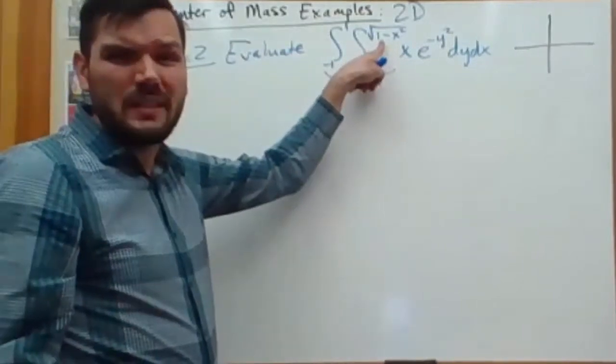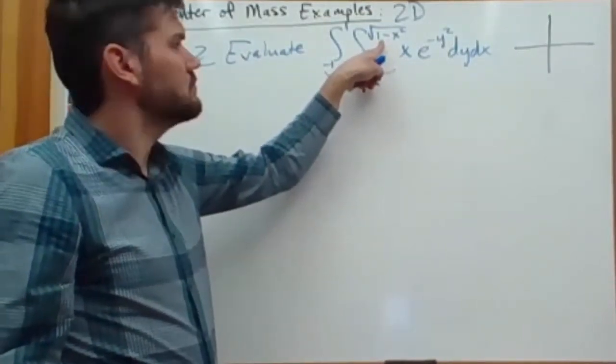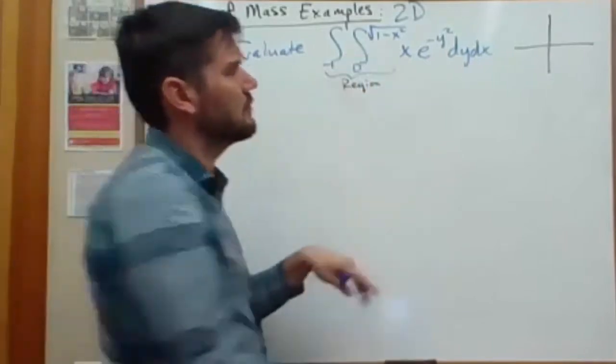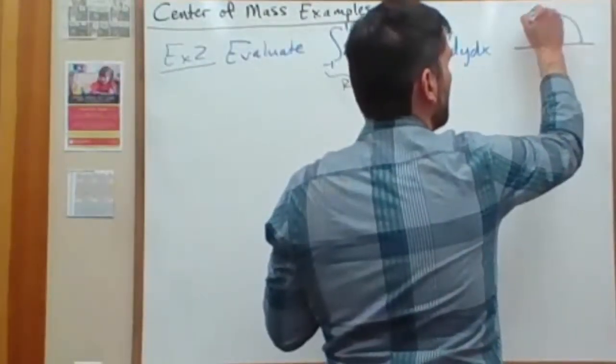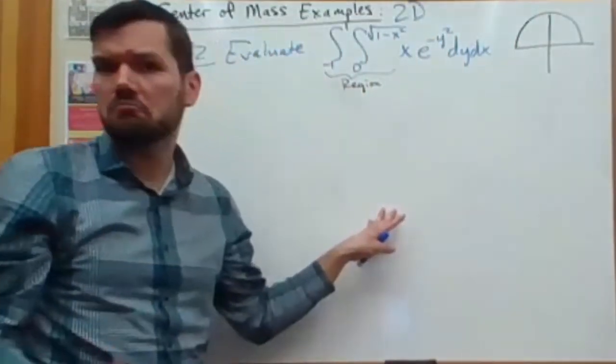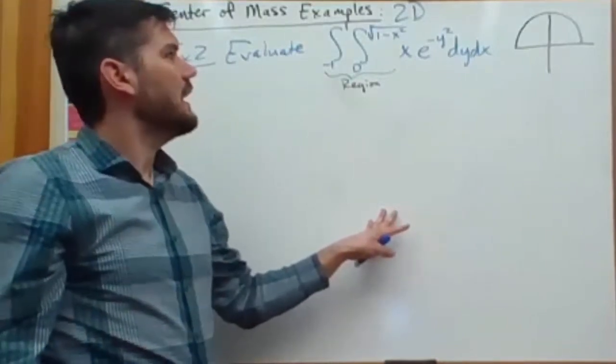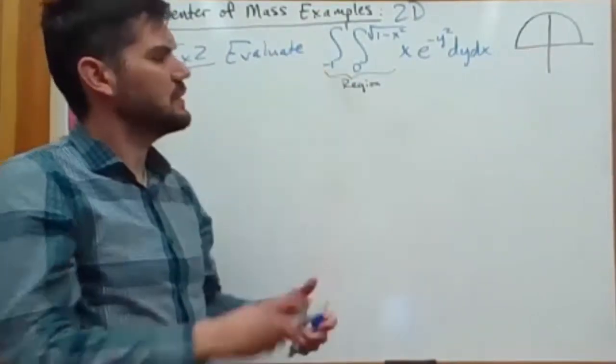With the limit of square root of 1 minus x squared, we know we're working with circles. We have an upper semicircle, just like before, and x is going from -1 to 1.